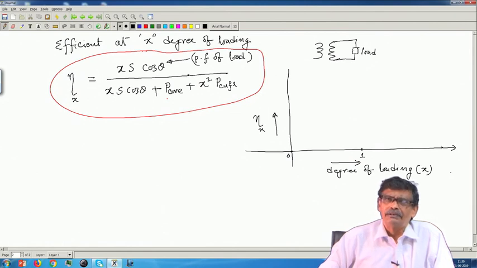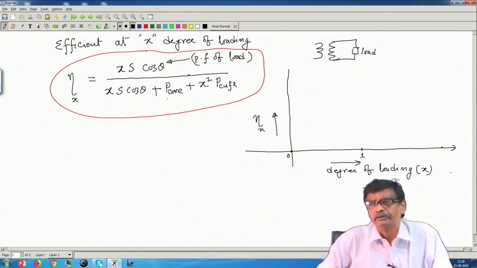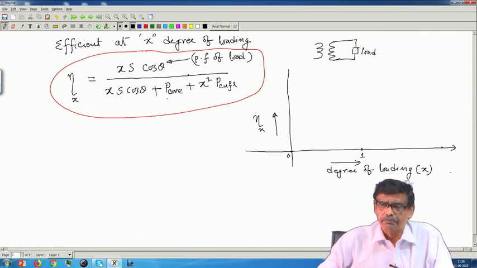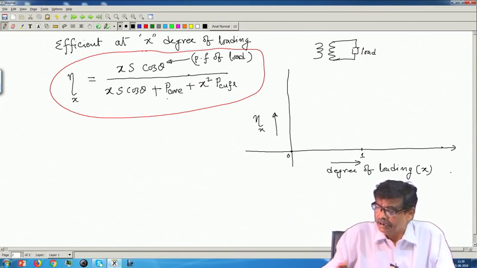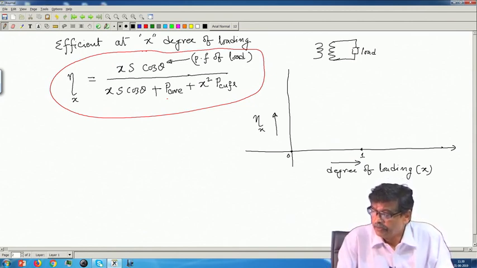Of course, the transformer is not continuously run under overloaded condition. Maybe for a brief period you can overload it by 10%, 20%, then the value of x goes up. But anyway, this point corresponds to full load and this point corresponds to no load.